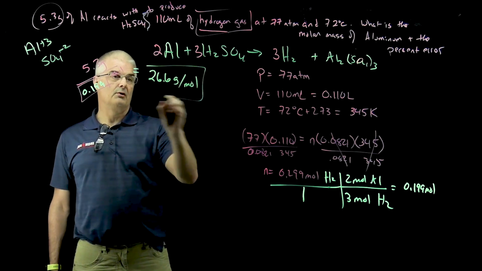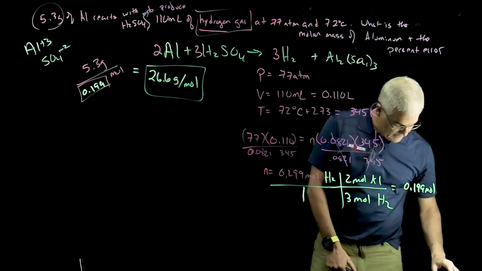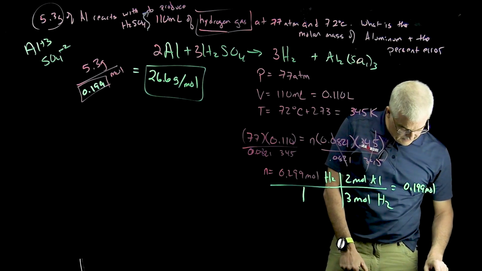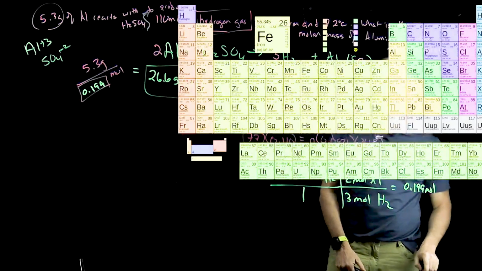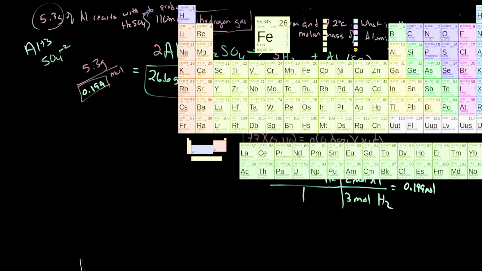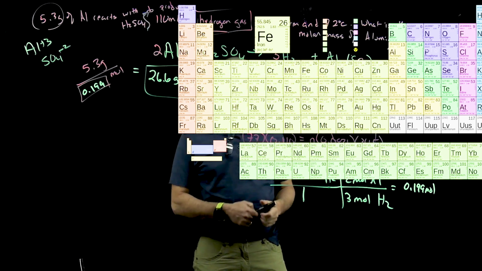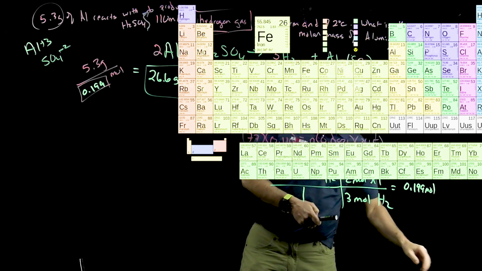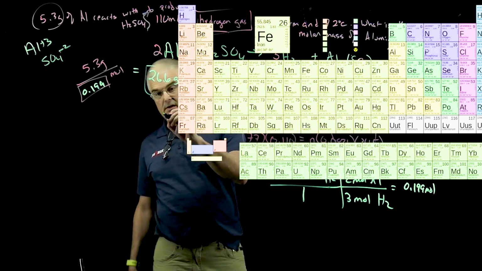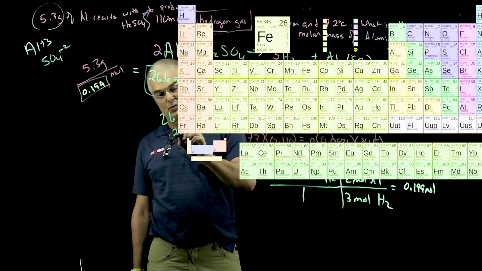Now if you recall, the molar mass of aluminum is, let's pull it up here on the screen. With sig figs, that would actually be 27.0.